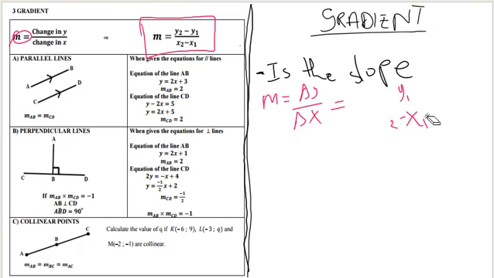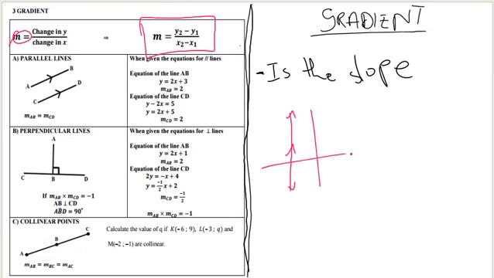So let's focus on this line. This line is parallel to the y-axis. This is not drawn to scale, but you get what I'm trying to say. This line is parallel to the y-axis, and the gradient of this line is undefined.